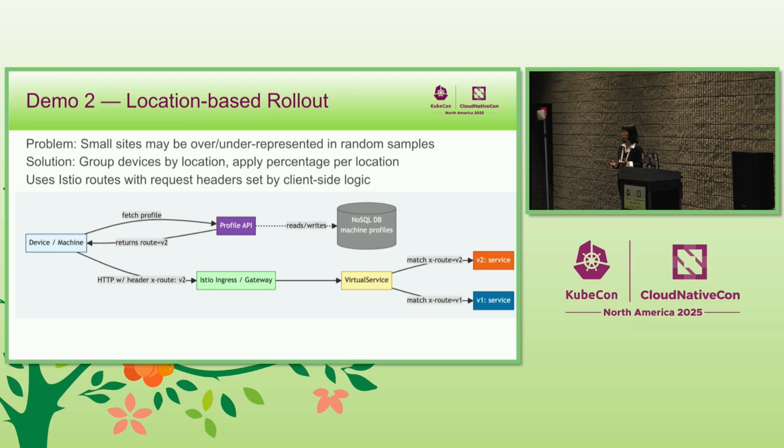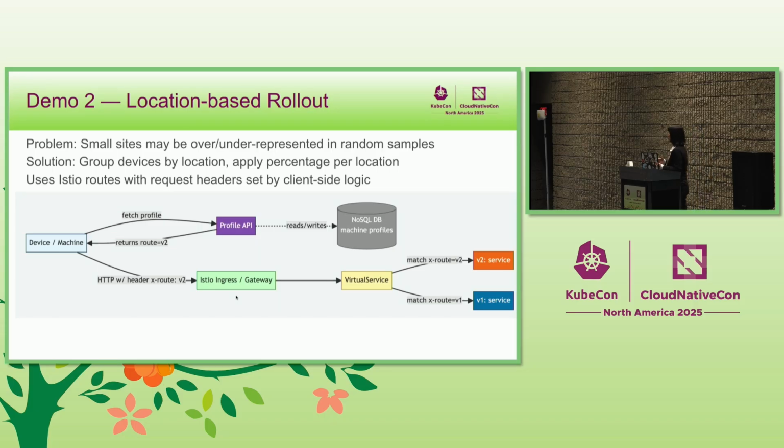Even though it's a small one, all the passengers will line up at the ticket counter because they can no longer use the kiosk. They have to rely on the agents. So for this demo 2, we can do some really granular control, still through Istio.